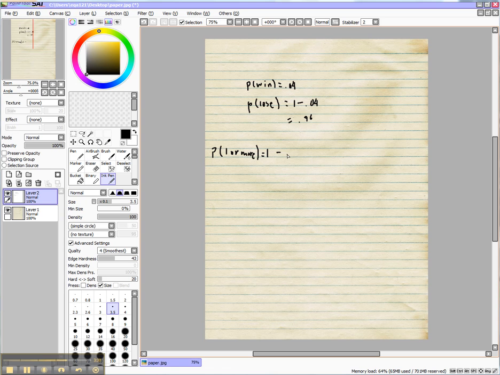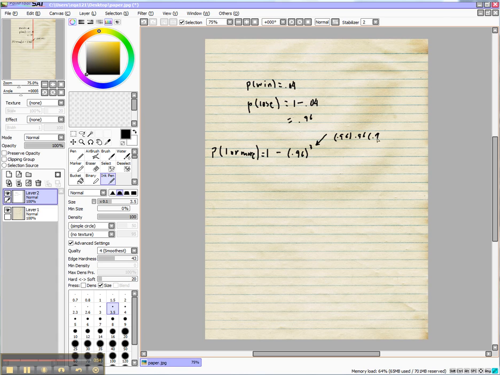If we subtract the probability of losing all 3 games, we get the probability of winning 1 or more. The probability of losing all 3 is 0.96 to the 3rd power, right? That's the multiplication rule: 0.96 times 0.96 times 0.96.